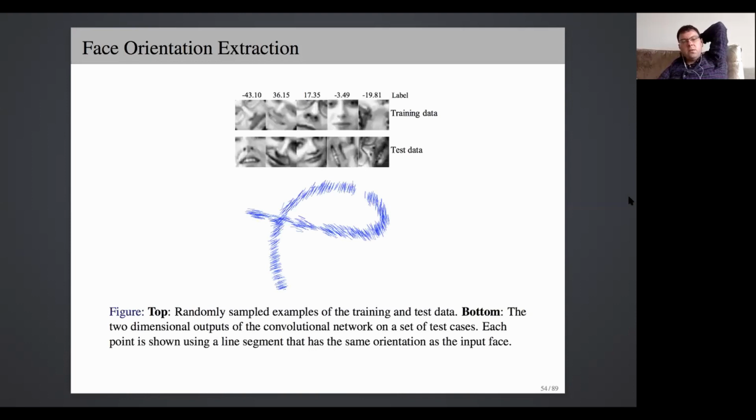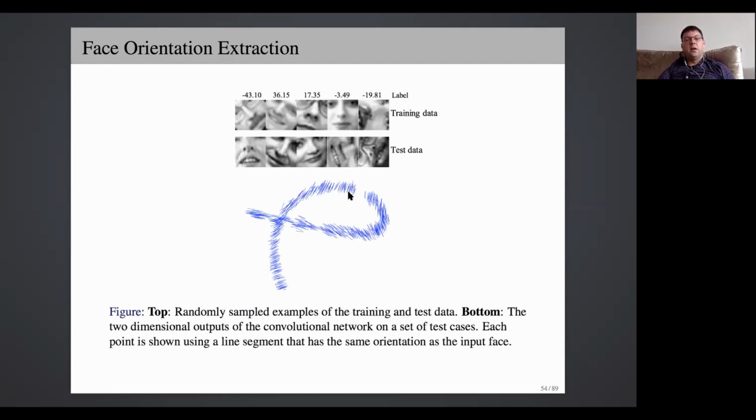And so we can use these deep kernel learning models for representation learning. Here we have the Olivetti faces problem, where we have faces with different orientation angles. It's a regression problem where we want to predict the continuous orientation angle of a new face. And we can see that when we project what the model has learned into 2 dimensions, where each face corresponds to a line segment and the slope of that line segment corresponds to the orientation angle of the face, we can see that the model is discovering a representation for the data such that faces with similar orientation angles are clustered together.